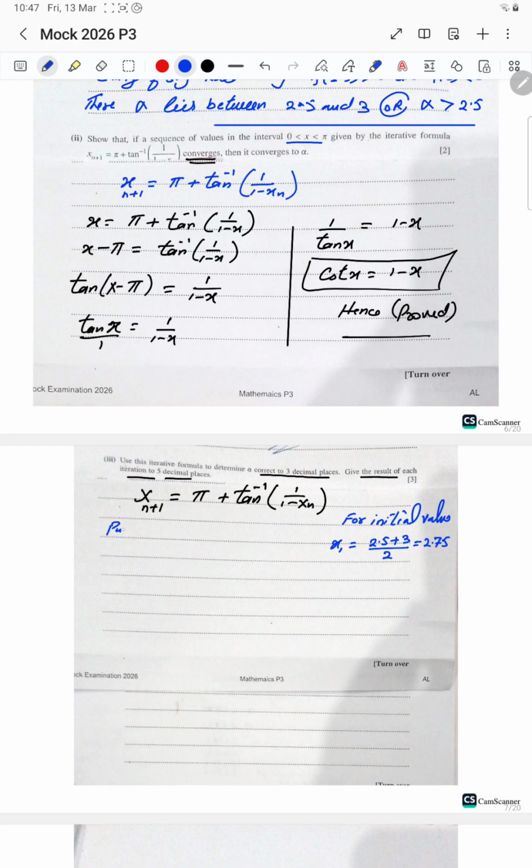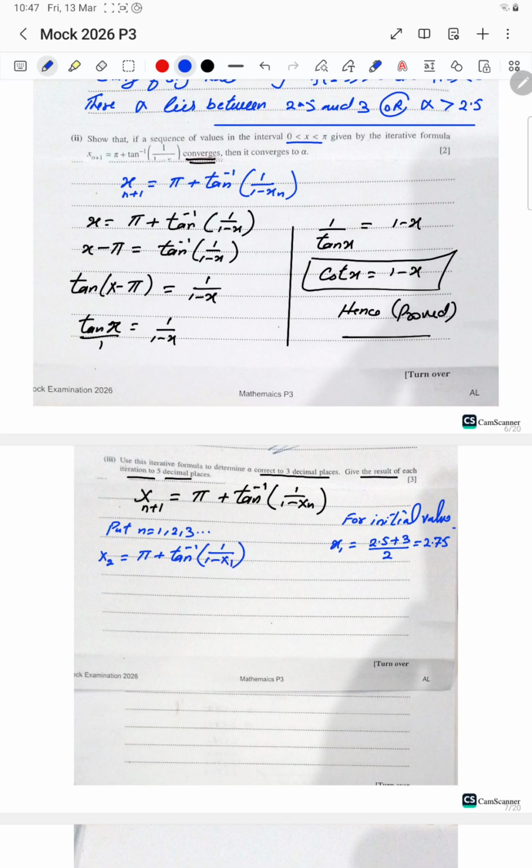Now in the formula put n equal to 1, 2, 3, and so on until we get the iteration result. When we replace n with 1, it becomes x2 equals pi plus tan inverse of 1 over 1 minus x1, right?